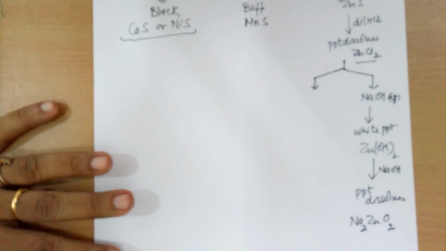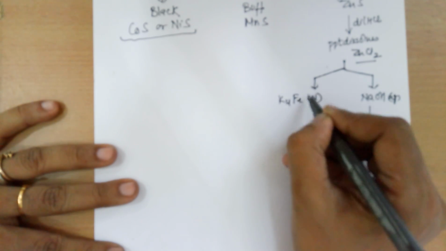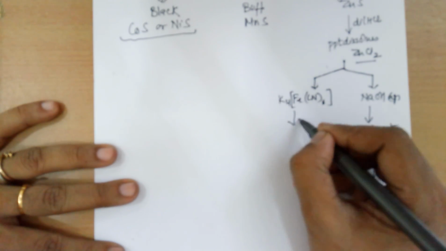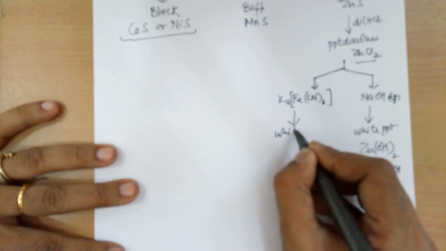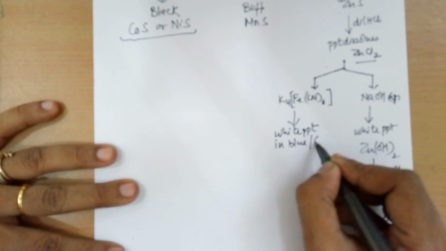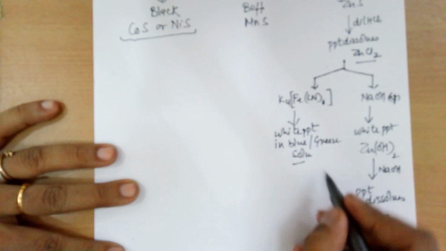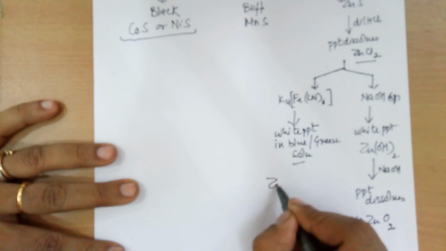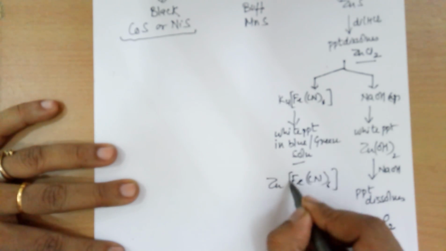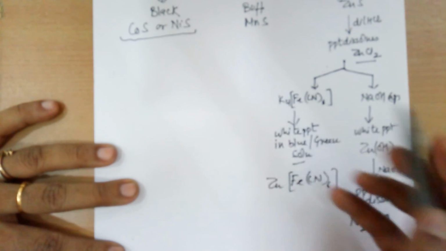To the second part, you add potassium ferrocyanide solution and you end up in a white PPT in blue-green solution. The formula of the PPT would be zinc combining with ferrocyanide, valency of zinc 2, valency of ferrocyanide 4.